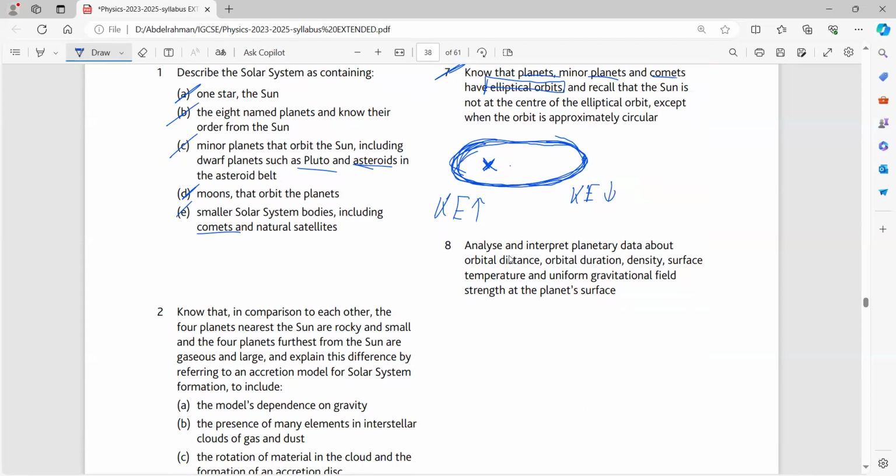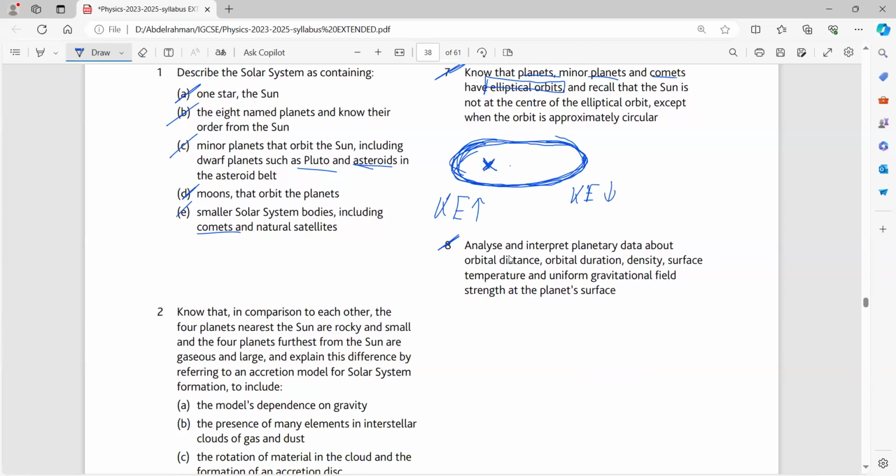We need to analyze and interpret some planetary data about the orbital distance, duration, density, surface temperature, uniform gravitational field strength at the planet's surface. Very simply put, you could have a table. He could give you a table, for example, including 2 or 3 planets.